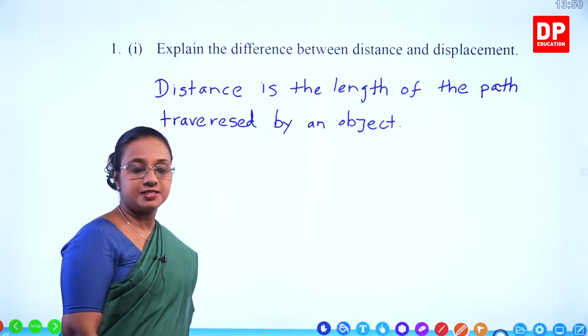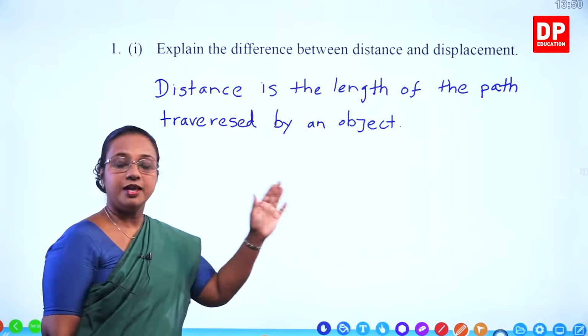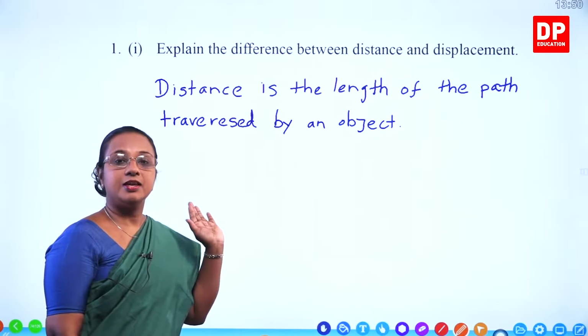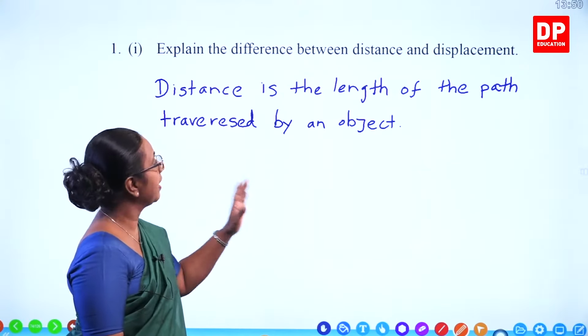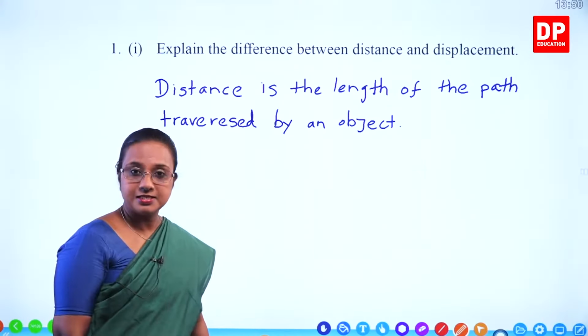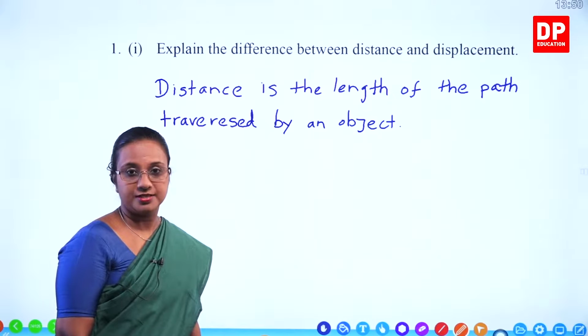That is the distance. From one point A to another point B, the object can take any path. So the length of the path will be the distance between the 2 points.